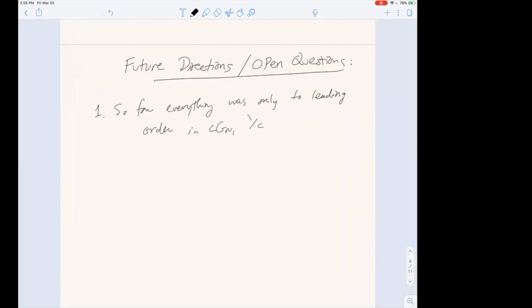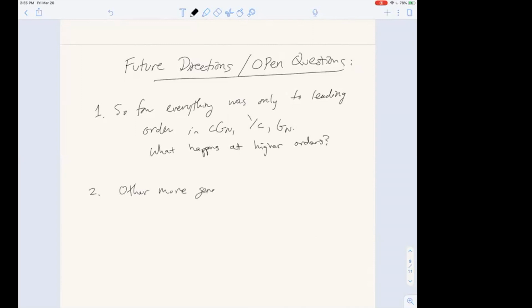It would be interesting to ask whether it makes sense to go to higher orders, or what happens to this protocol at higher orders. Does it just break down? Yeah, I would like to know that. And other more general scenarios.